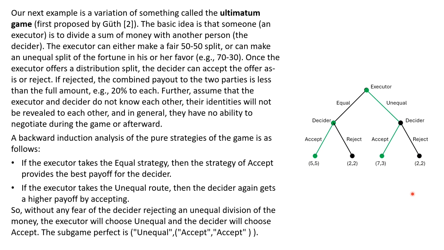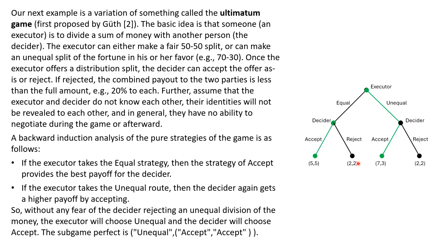So if we do the backward analysis on this branch here, going down equal, the decider would accept because 5, and the decider is the second thing here. The decider would accept because 5 is bigger than 2. And in the unequal, even though the executor is kind of being greedy here, the decider would still accept because it's 30 versus 2.